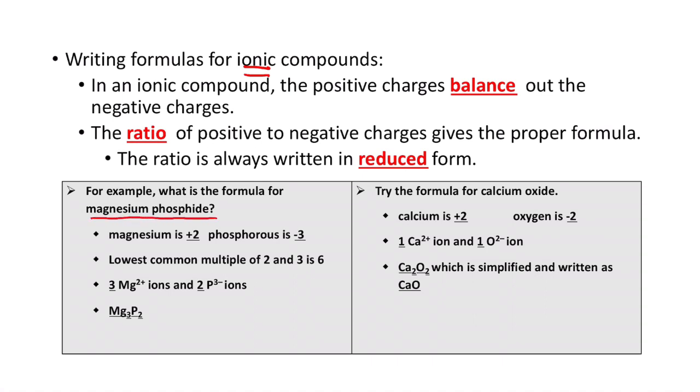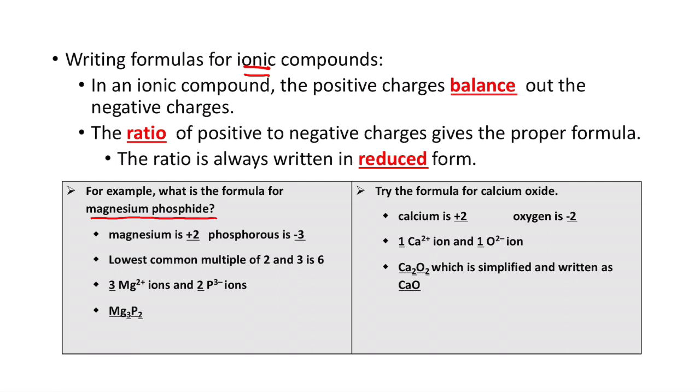So magnesium phosphide. Magnesium has a 2+ charge. Based off of our periodic table, it has 2 electrons that it can give away. Phosphorus has a 3- charge, and the lowest common multiple, meaning 2 times 3, is 6.